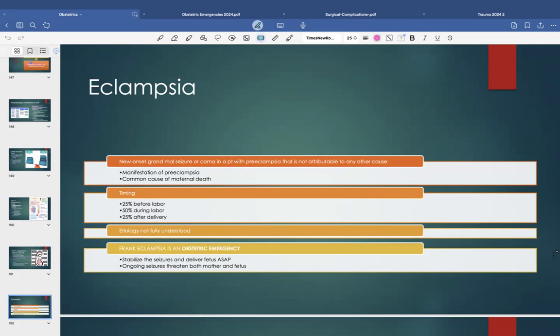The etiology is not very clear. Some thoughts are that it may be related to placental membranes and physiologic reactions to the fetus, as well as ischemia of the placenta. But again, that's not fully understood. If a patient has eclampsia, this is an obstetric emergency. You need to deliver that baby.